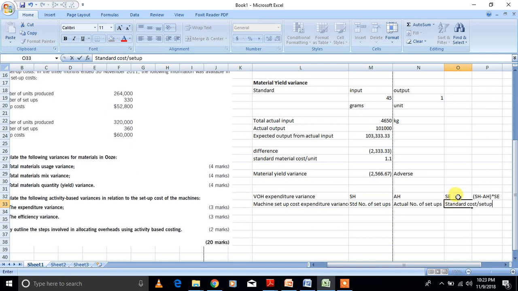It was standard cost per hour, right? Because the difference was taken in hours, so you multiply by hourly cost. But here, the difference is going to be taken in number of setups, so you multiply it by cost per setup.